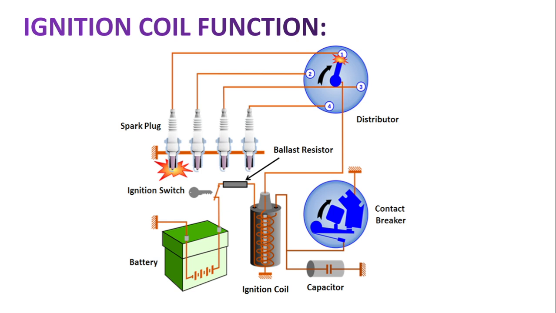Next, this coil is wound around the ignition coil and exits out to the capacitor side, and then to the contact breaker. Contact breaker means what we saw in the previous slide of the distributor. So distributor means contact breaker, right?